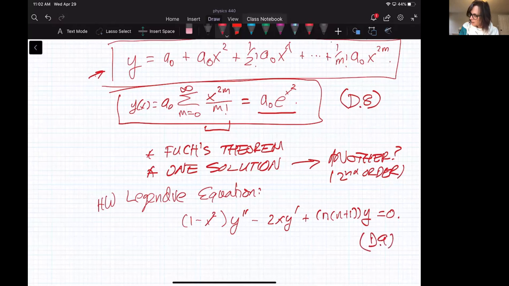This is something that if you assume y is equal to a naught times x to the n, or sorry, an x to the n, you can go term by term, divide out one, and then find the expression for y double prime, the expression for y prime, and the expression for y, and see if you can find a relationship between, say, odd and even values. See if you can get a recursion relation for those coefficients.